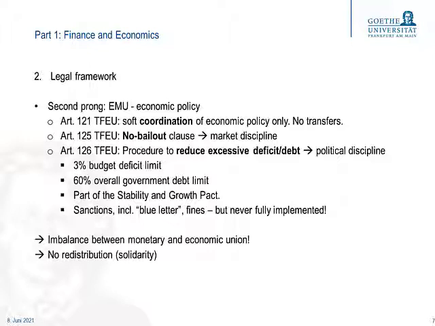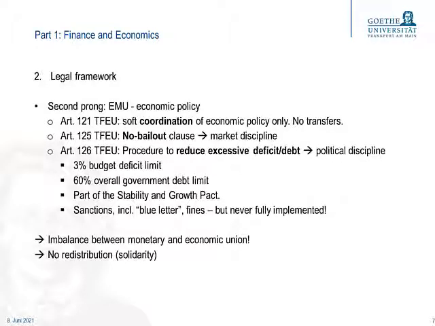And for that reason, Article 126 is a system for the prevention of excessive deficits and excessive debt. It puts a limit on budget deficits at 3% annually and a cap on the overall debt of 60% of GDP. And it provides for certain sanctions like blue letters or even fines. But honestly, it has never been really implemented.